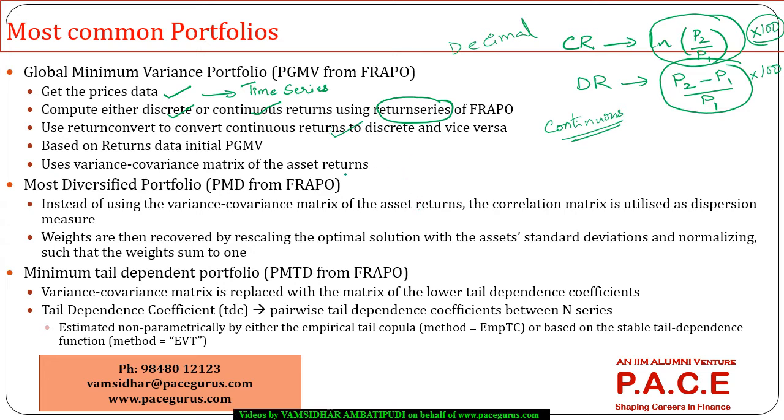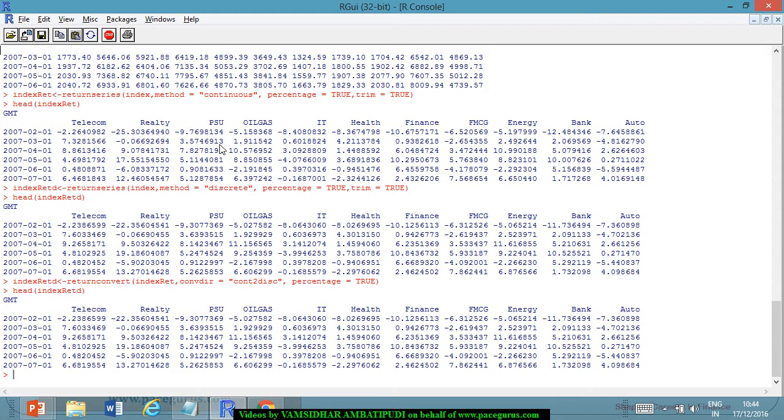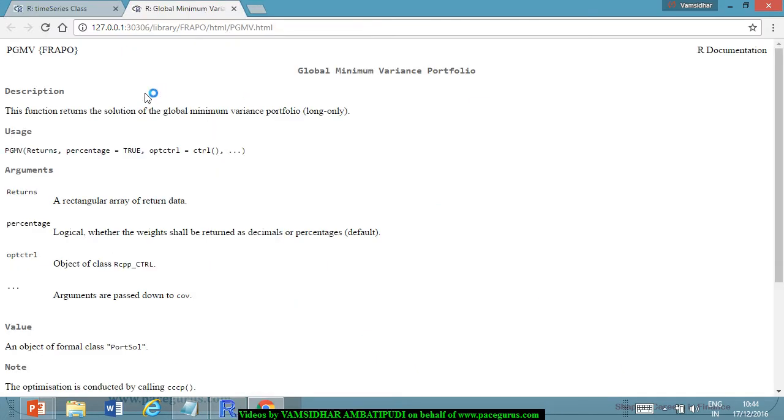But now, based on the returns data, we will first create the global minimum variance portfolio, and for that I'll use a function called PGMV. Just trying to understand what this PGMV is doing for us. It's a solution of the global minimum variance portfolio.